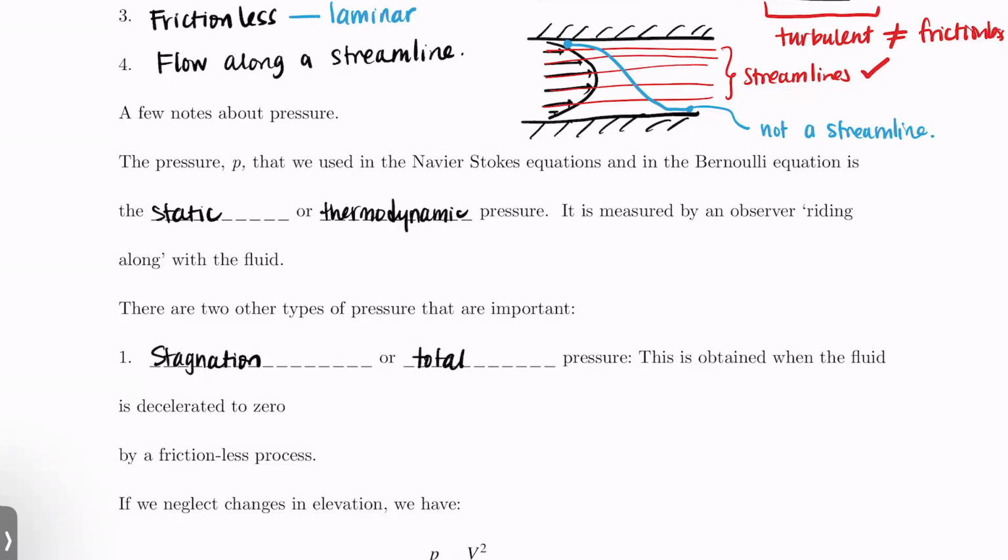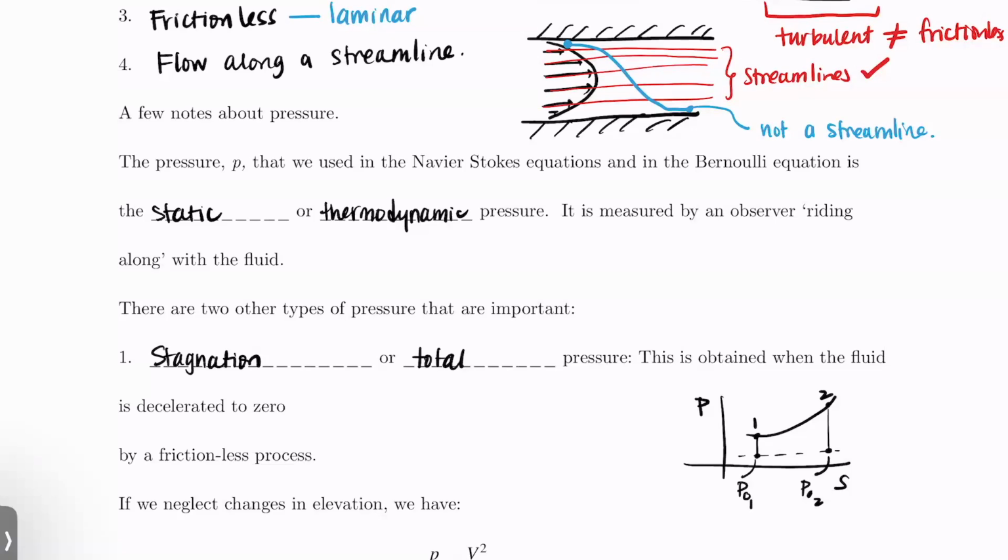So if you have a TS diagram and you have some process on it, sorry, this should be pressure. Decelerated to 0 by a frictionless process is something like this. So no change in entropy. And this would be your P naught, 1 and 2.